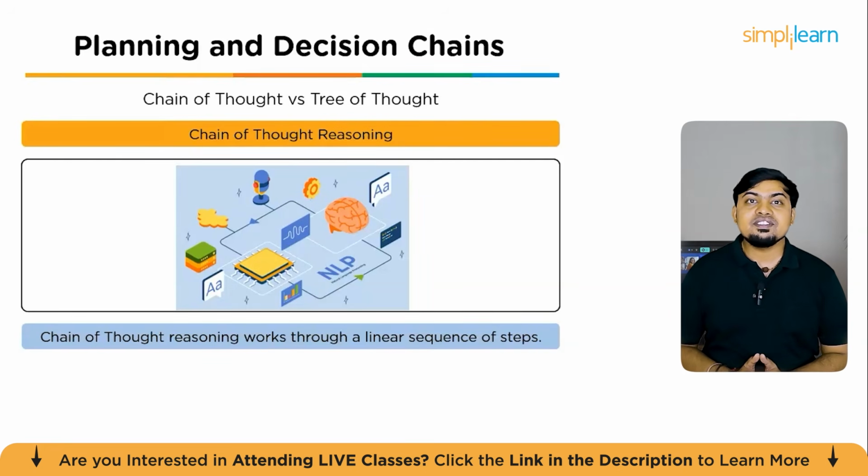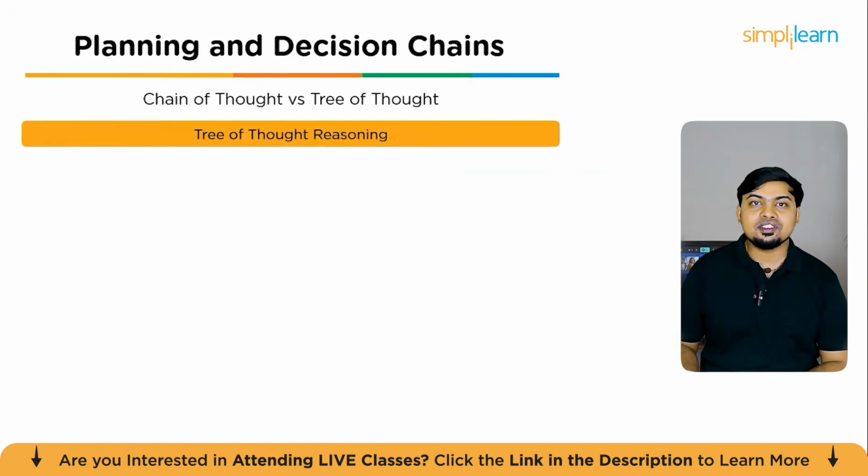This approach is relatively simple but efficient. It works well when the path to the solution is predictable, such as mathematical reasoning or structured logical problems. However, there are limitations. Since the reasoning follows one path, errors can propagate through the chain, and there is no exploration of alternative solutions. So while chain of thought is powerful, it's not always flexible enough for complex decision making.